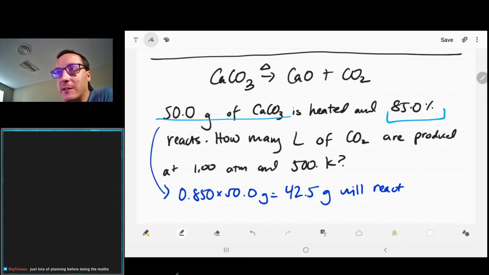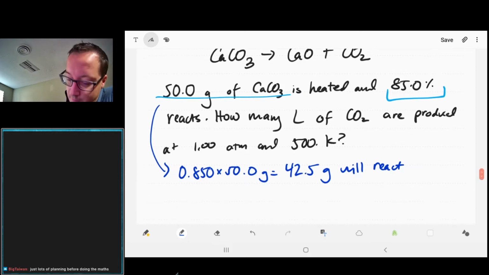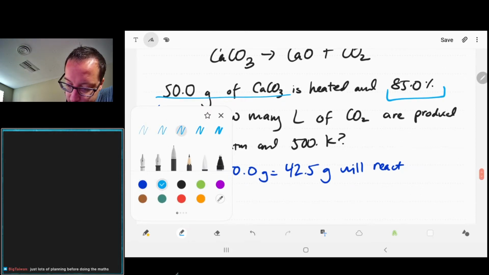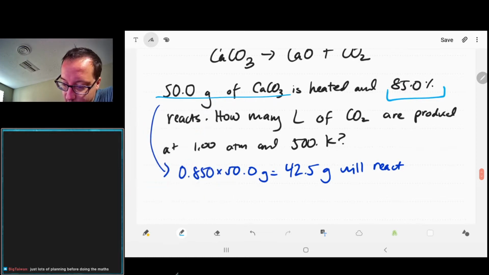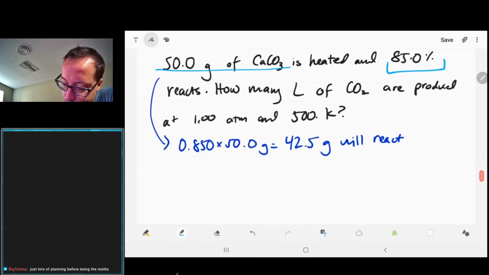So we can just go ahead and start with that 42.5 and go straight to the end and not have to worry about it anymore. Either way, you can take the 50 and then multiply by the 85% at the end. Again, multiplication works no matter what order you do it in. But for this one, let's start with that 42.5. So, planning time.